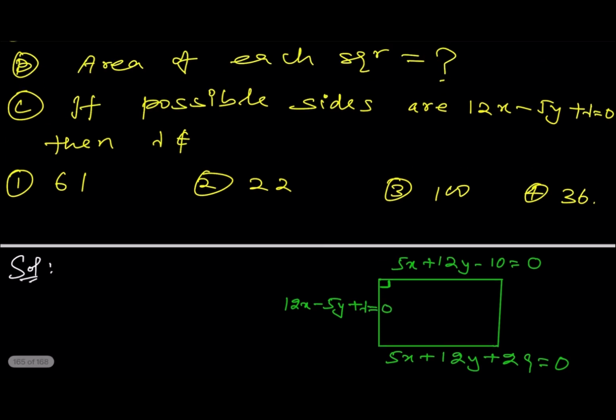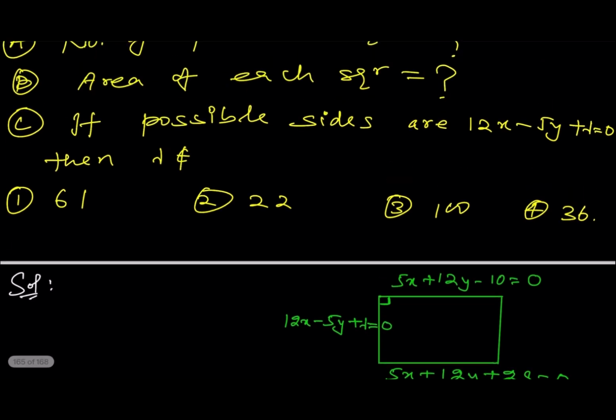Okay, because we can write the equation of a perpendicular line. One line is given, right? What we need to do is change the coefficients of x and y and change the sign of one coefficient also.